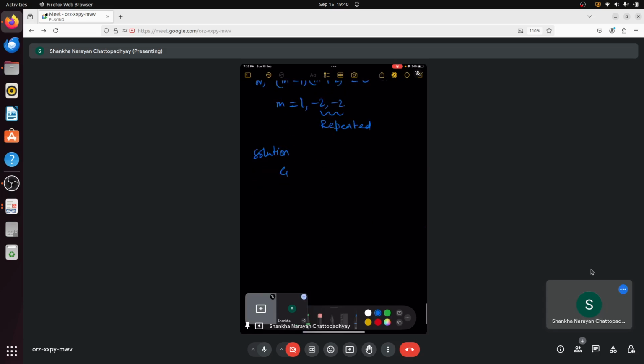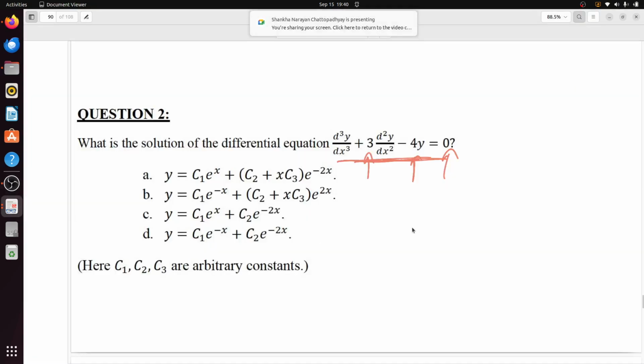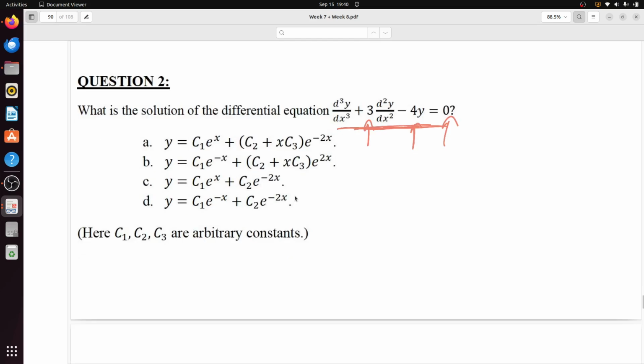First, c1 e to the power x plus c2 plus x c3 e to the power minus 2x. This is the solution. So the first one is the answer, y equal to c1 e to the power x plus (c2 plus x c3) e to the power minus 2x.